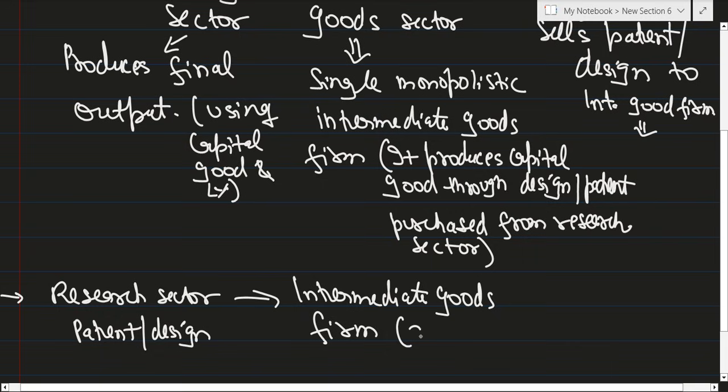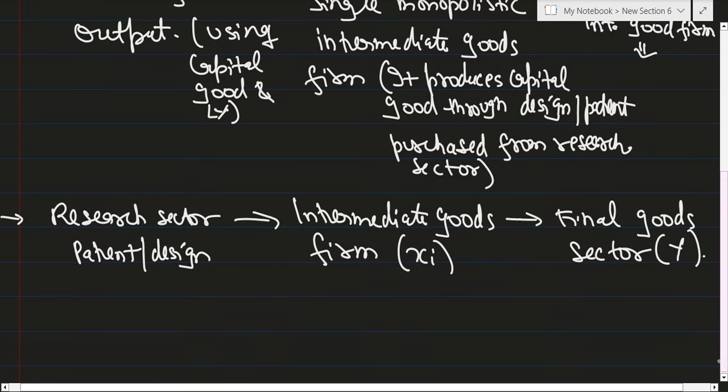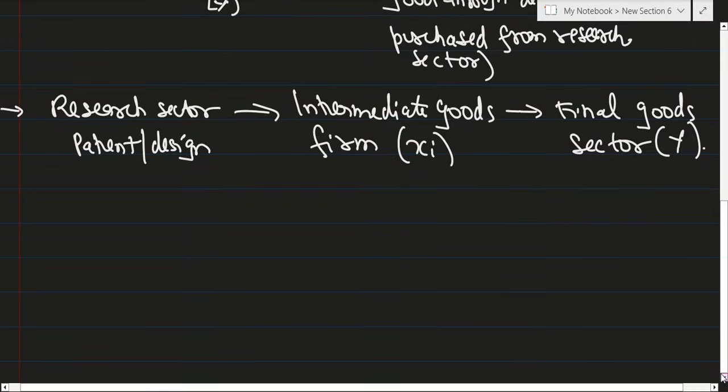It produces capital good XI, and then the final goods sector purchases this capital good XI, and then produces final output. It is final output Y. Okay, so let's begin now with the final goods sector.